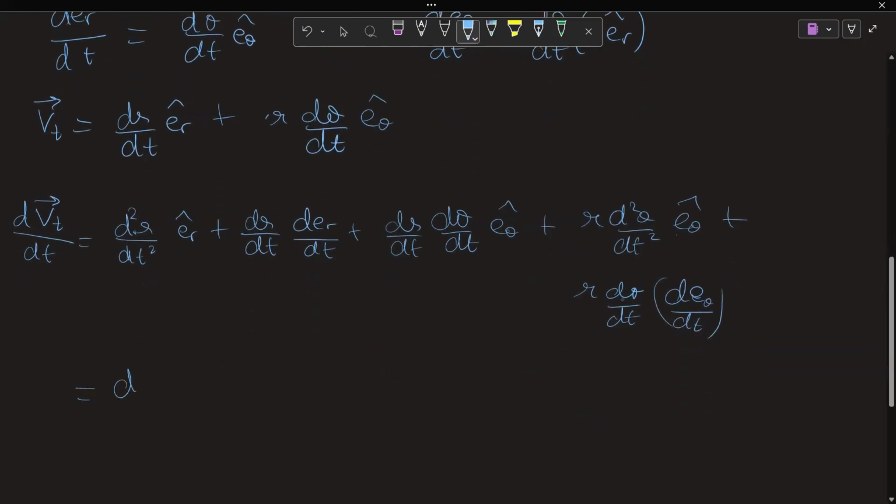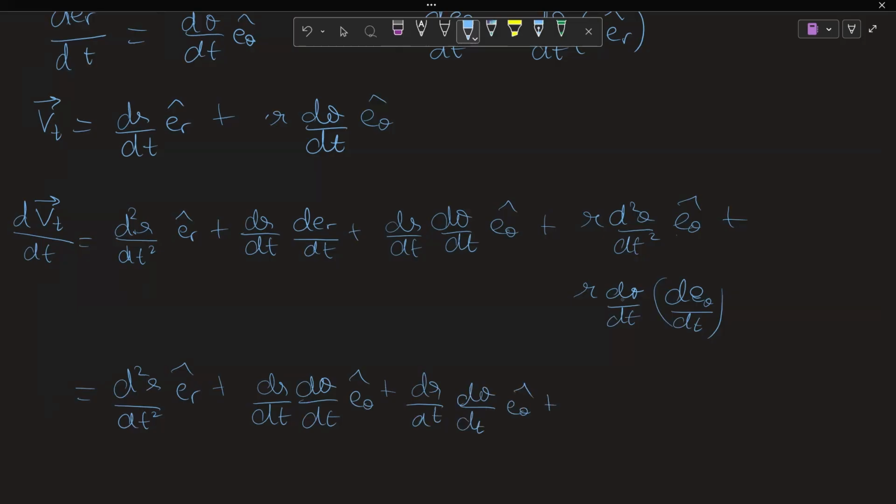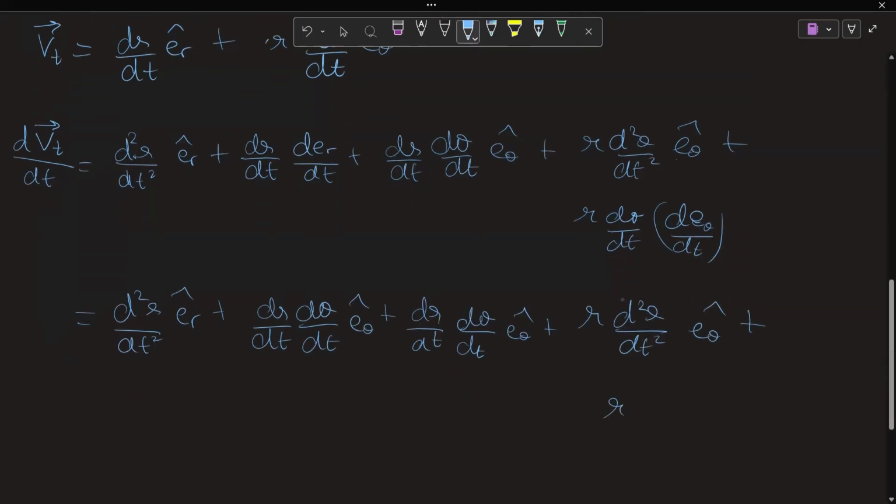So we get d2r by dt square er cap, plus dr by dt into der by dt, which is d theta by dt e theta cap, plus dr by dt d theta by dt e theta cap, plus r d2 theta by dt square e theta cap, plus r d theta by dt into d theta by dt, that is d theta by dt squared, minus er cap.